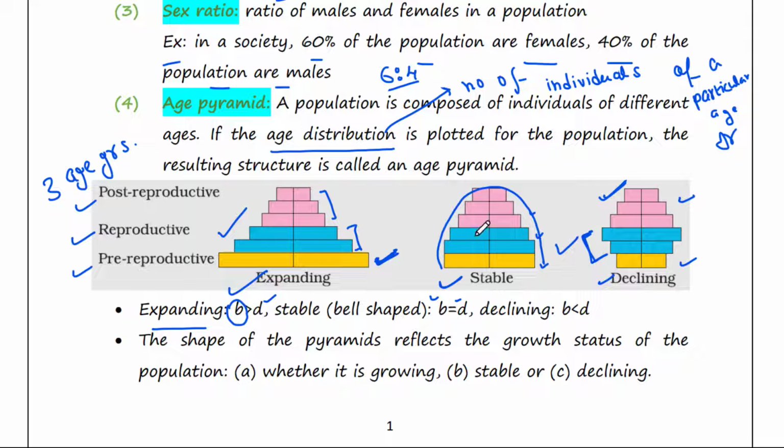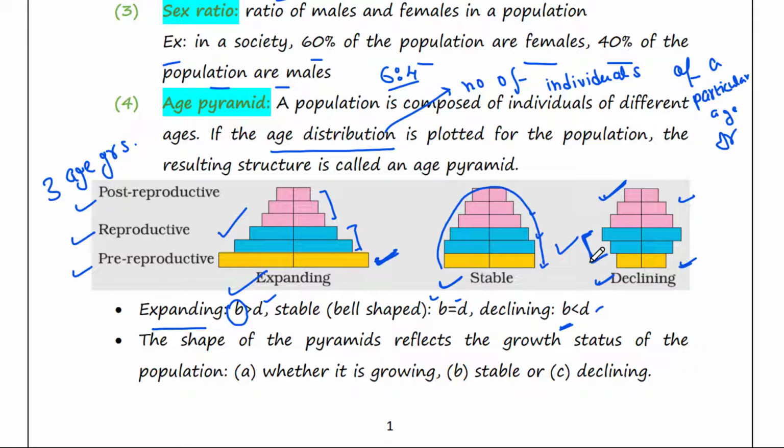That's why the number of individuals is almost the same in the pre-reproductive stage and post-reproductive stage. And in a declining pyramid, we can see the birth rate is less than the death rate, right? That's why the number of individuals is least in the pre-reproductive stage, right? Okay.